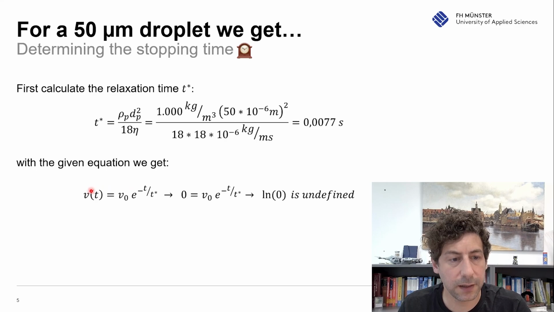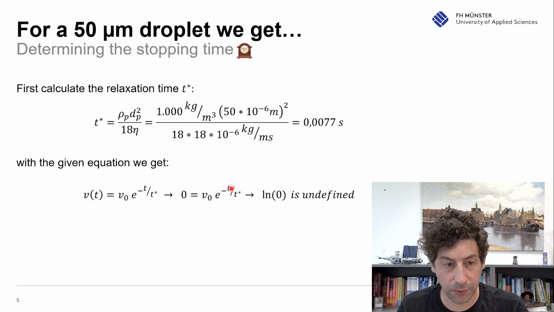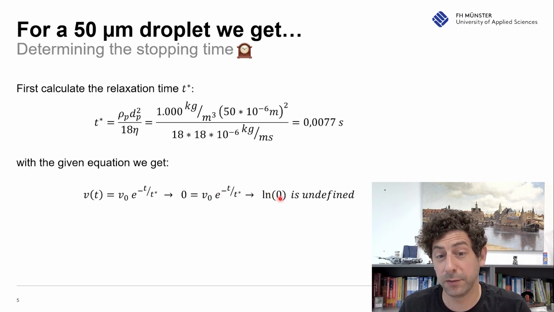And if we look again at the equation, the question was, what is the time t we need to reach zero velocity? But if we look at the equation, we would want to have 0 on the left part of the equation, and if we want to get rid of this e, we need the logarithm, and the logarithm is not defined for 0.